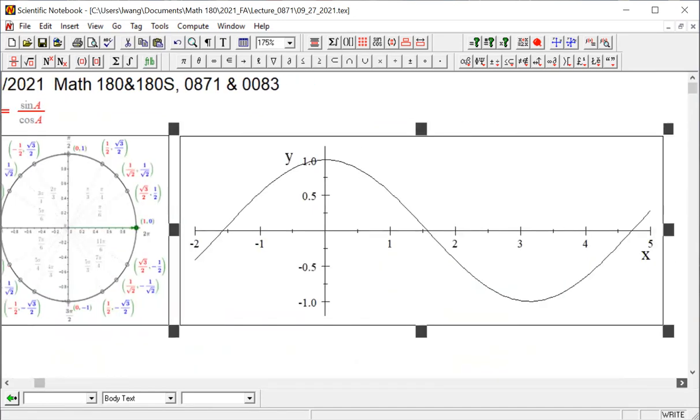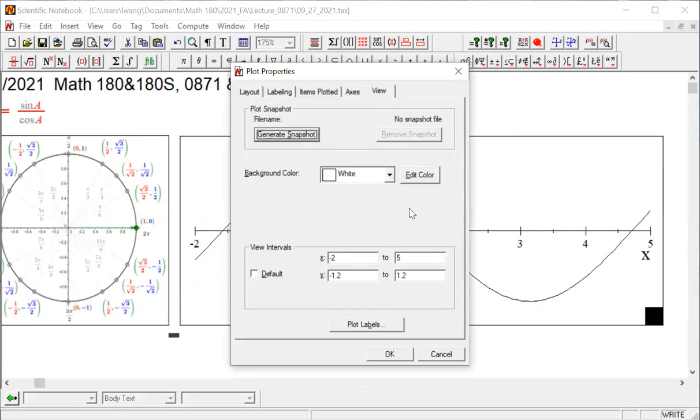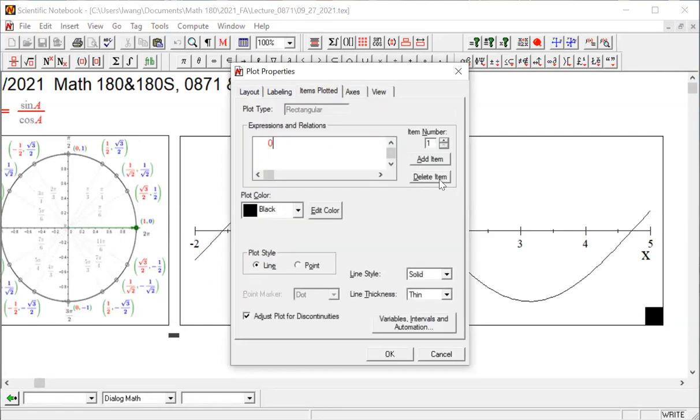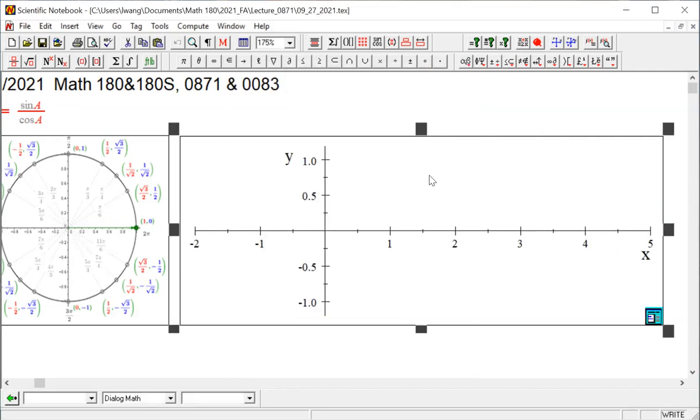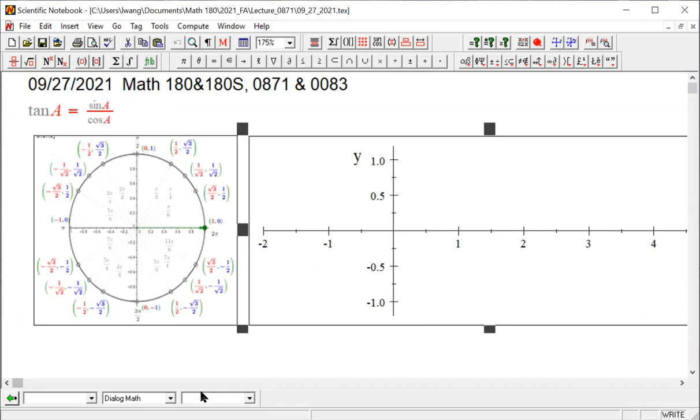I'm going to remove this picture, because we're going to graph the tangent. So it's an empty sheet.